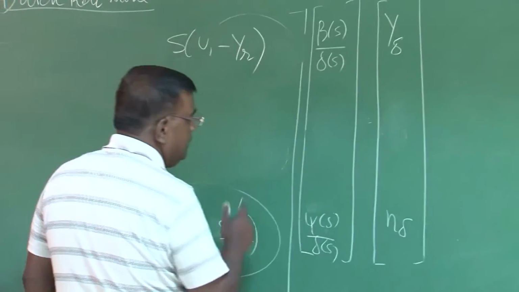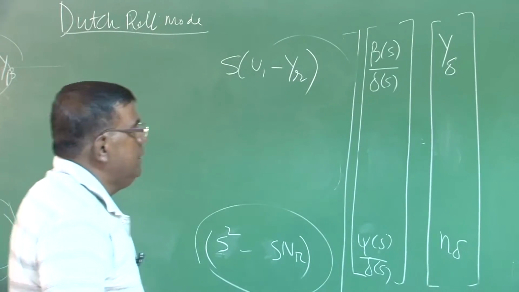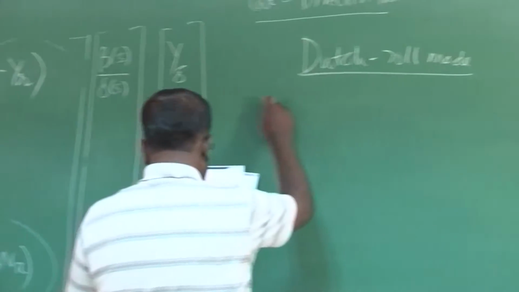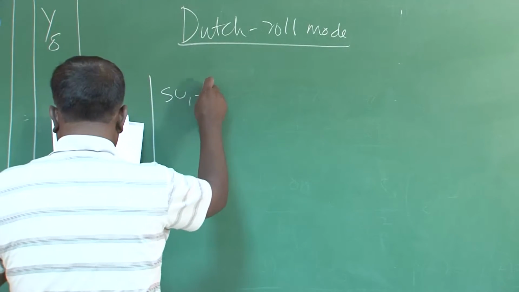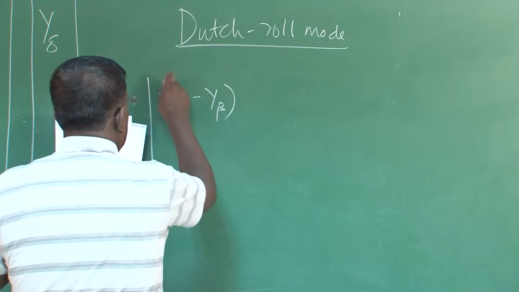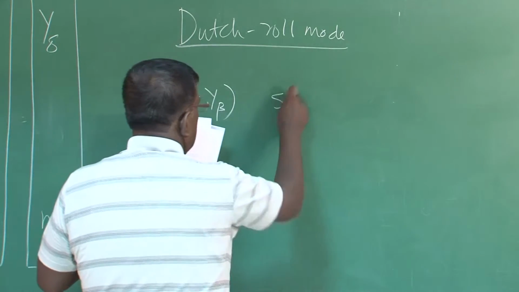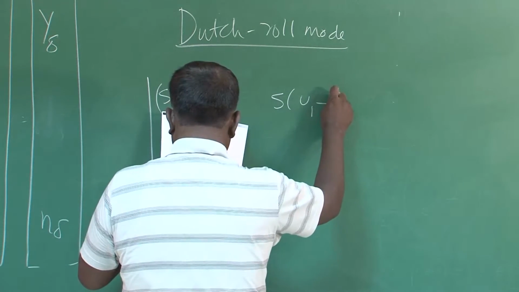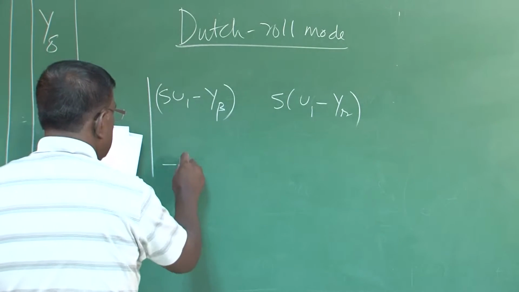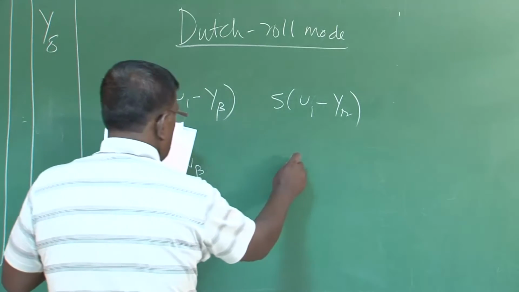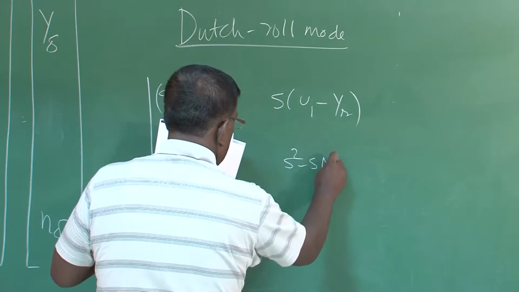Please understand. Okay, and the determinant is typically s U1 minus Y beta, s U1 minus YR, and here it is minus N beta, and s squared minus s NR.